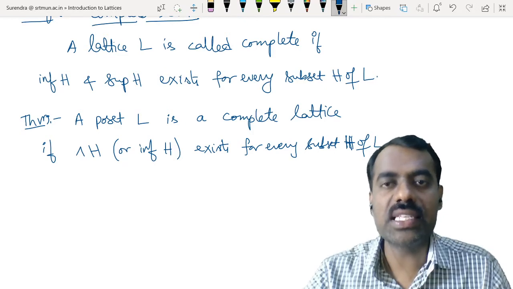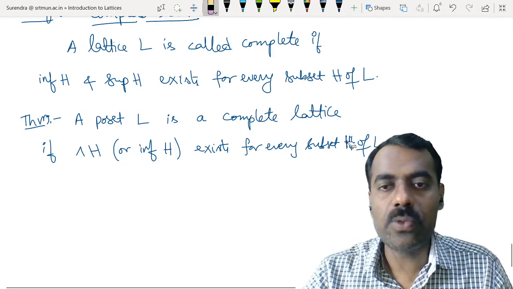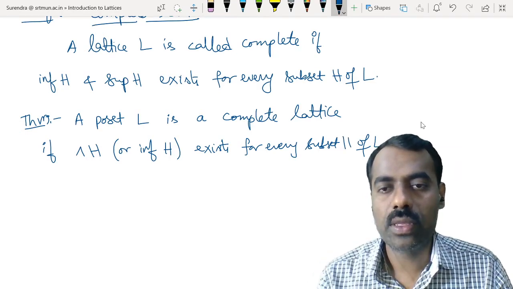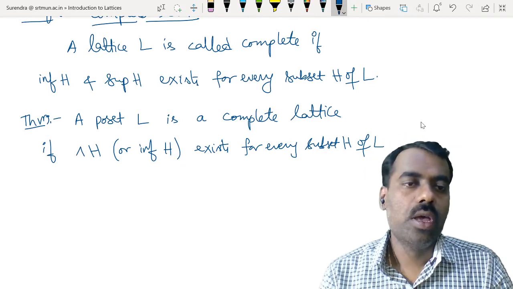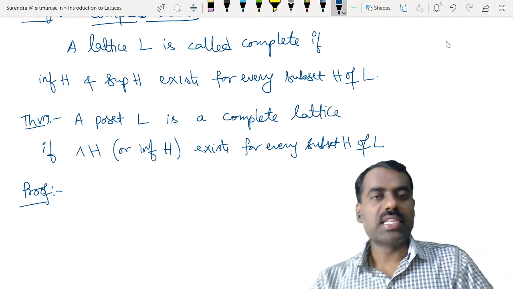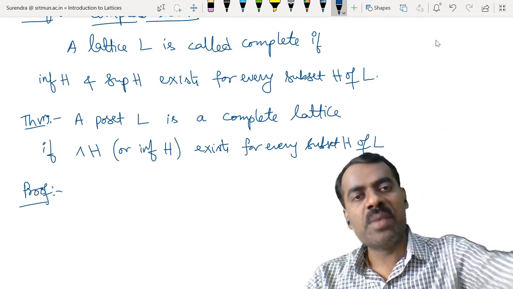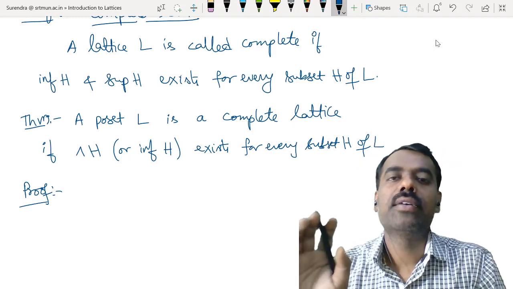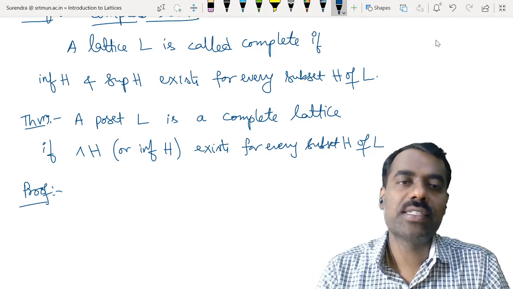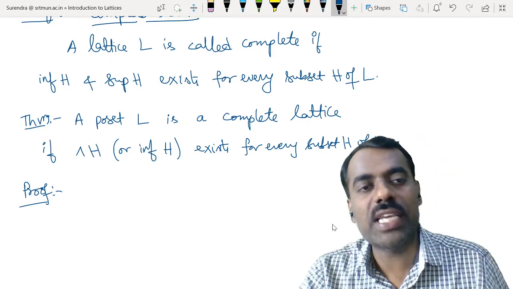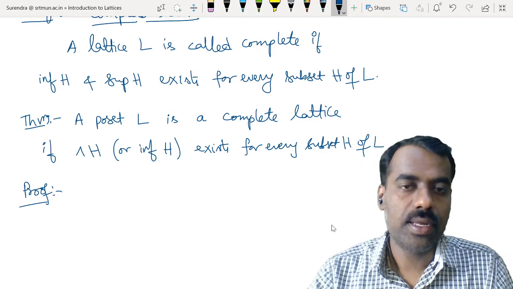What you have to understand here is that it is enough if you prove any one of them, either for infimum or for supremum. If the infimum of H exists for every subset, then we can prove that the supremum also exists for every subset. So to check completeness, it is enough to check either meet or join, right?